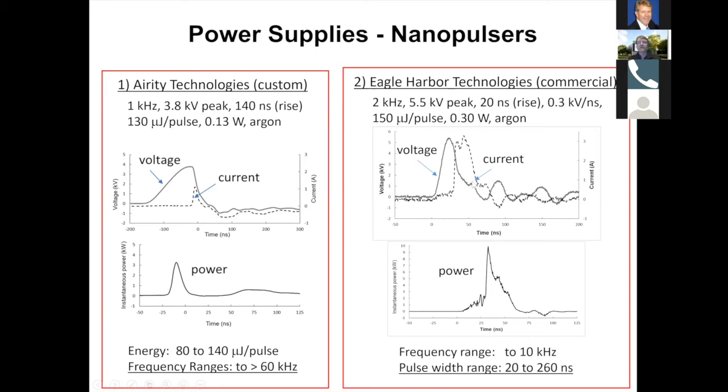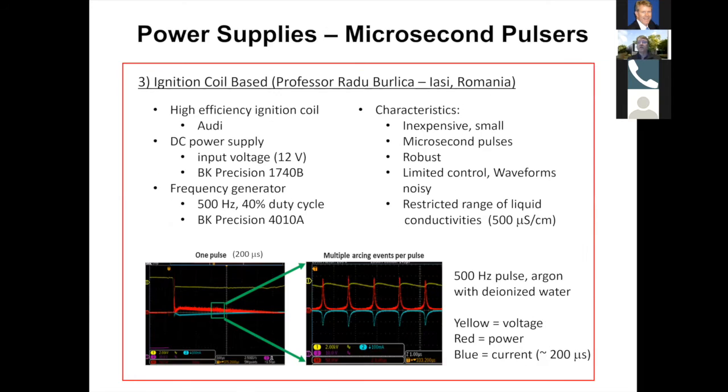Similar characteristics in the case of the Eagle Harbor. And I just want to mention that that's very important in the applications we talk about, particularly in PFAS, where you can have a very salty, briny solution. Those characteristics of the narrow nanosecond pulse are very important for allowing us to operate at high conductivity of solution.